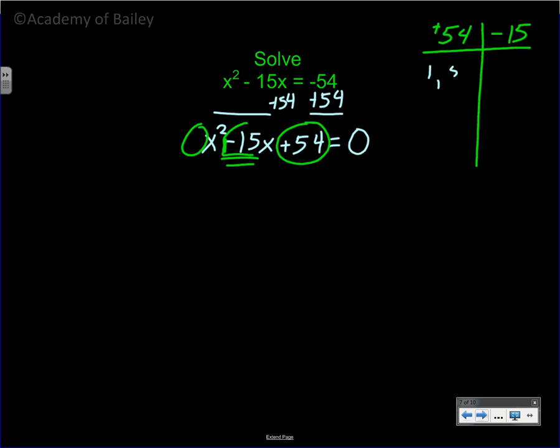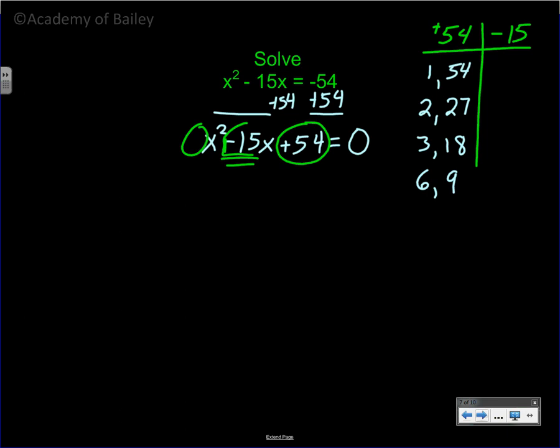Well, we know 1 times 54. 2 times, if you don't know what 2 times a number is 54, then you take 54 divided by 2, and that will give you the other number. 2 times 27. I believe 3 times 18. 6 times 9.